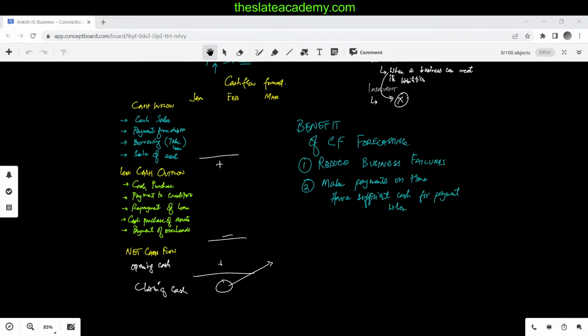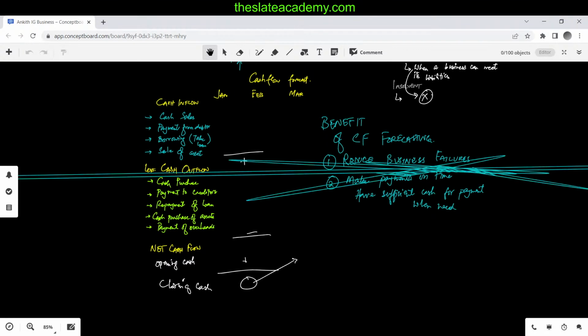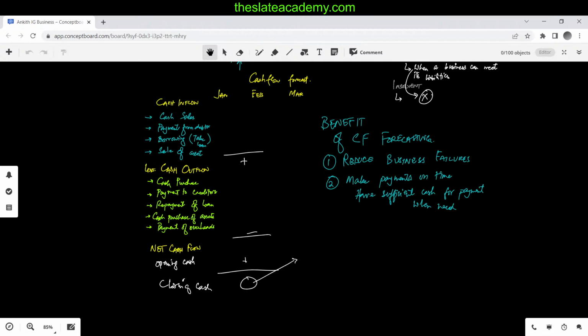Why, sir? Because if I am planning to carry out a cash outflow, let's say in the month of Feb, I am saying that there is going to be some cash outflow over here. Let's say I'm going to make some massive asset purchase.